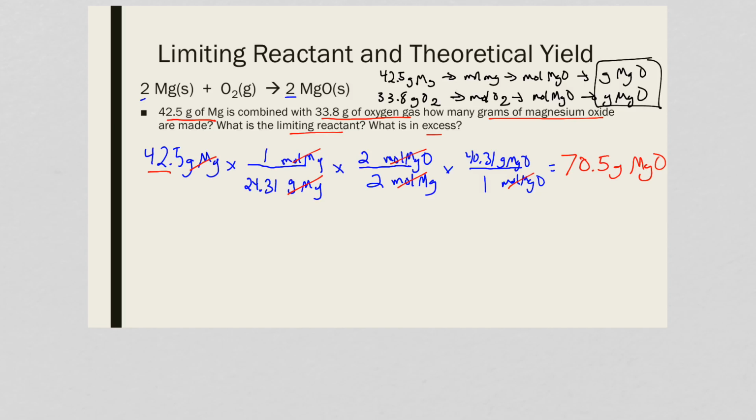Now let's do the same thing, but start with my oxygen. So 33.8 grams of O2. We, of course, have to convert that now into moles of O2. Now, be careful, we're using O2, right? So that's 1 mole, 32.00 grams.